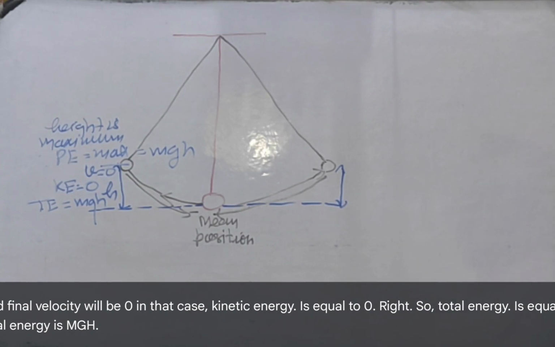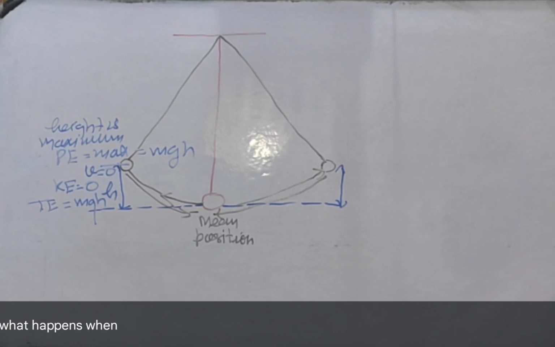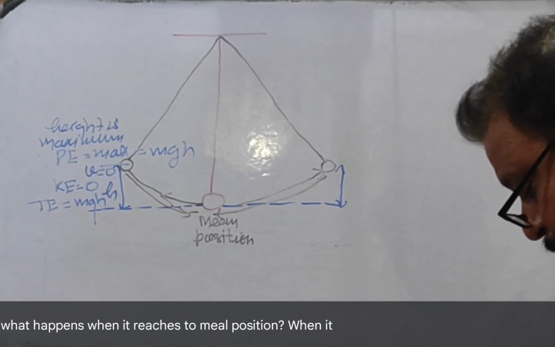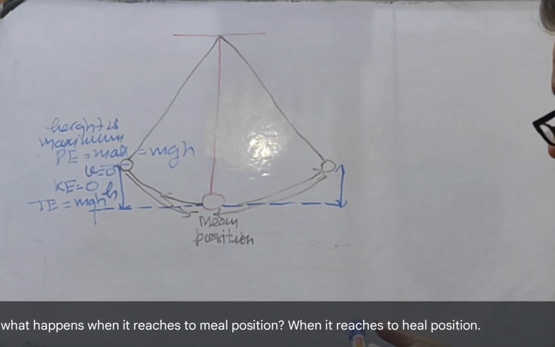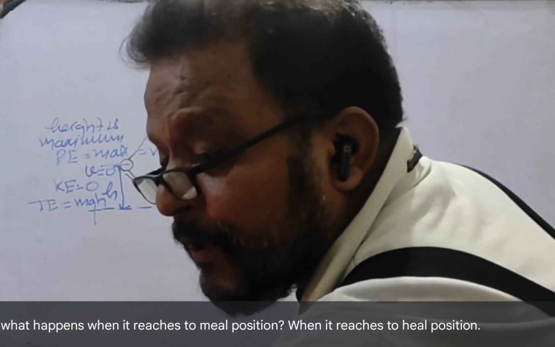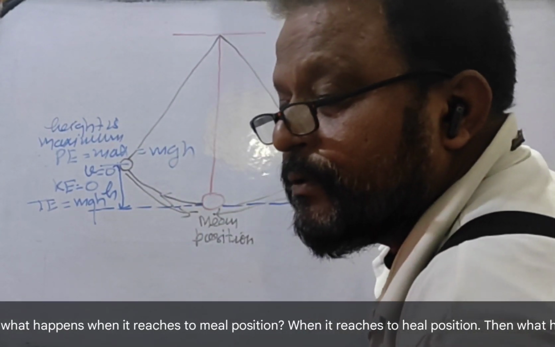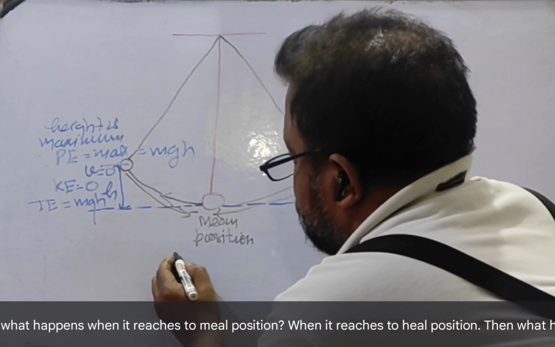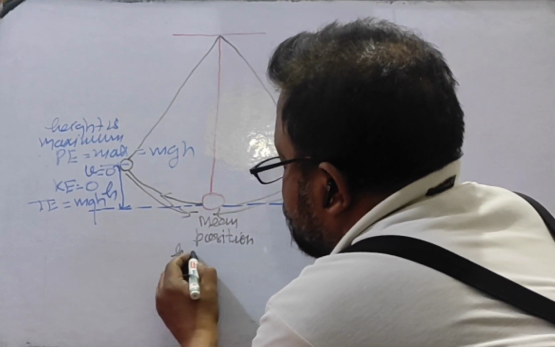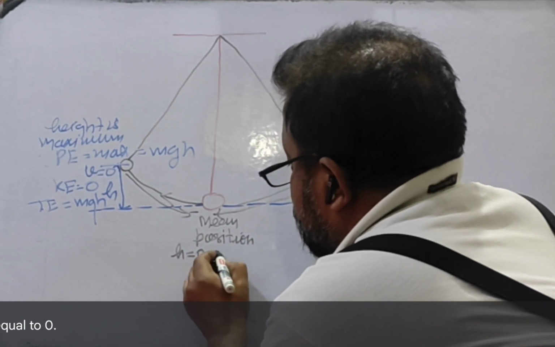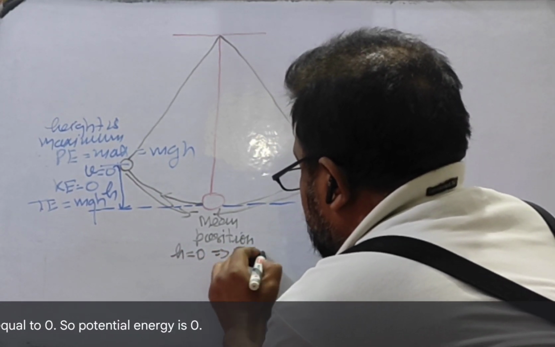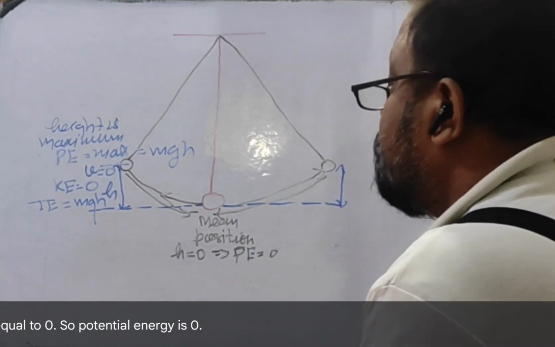Now what happens when it reaches the mean position? h is equal to zero, so potential energy is zero.